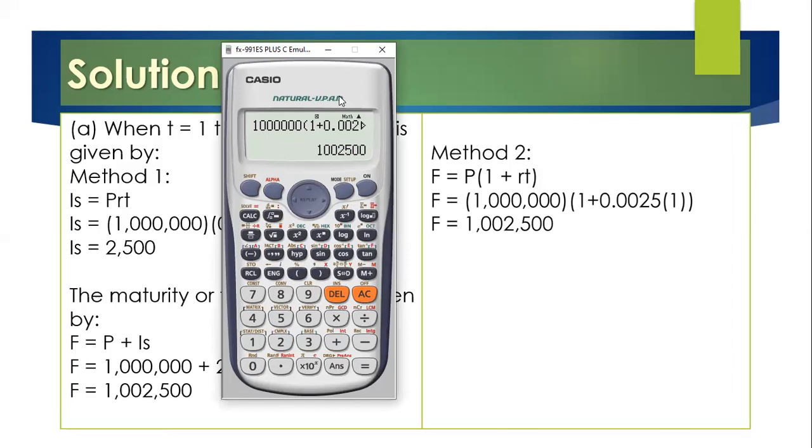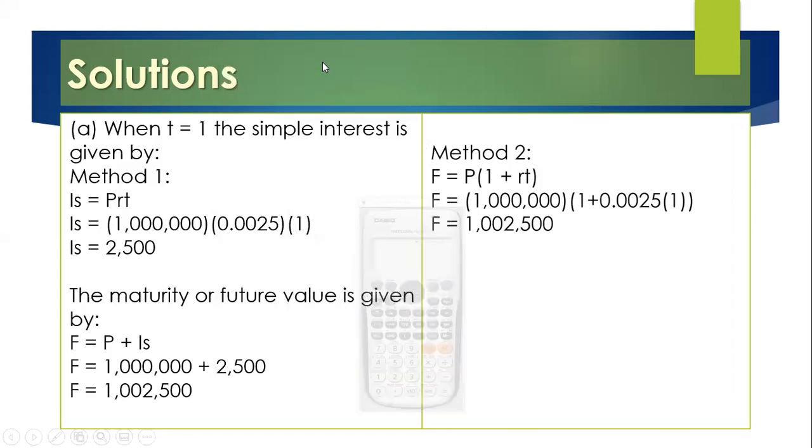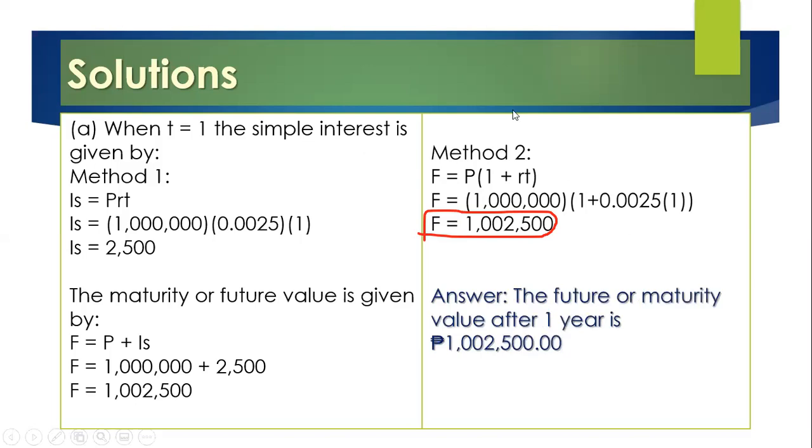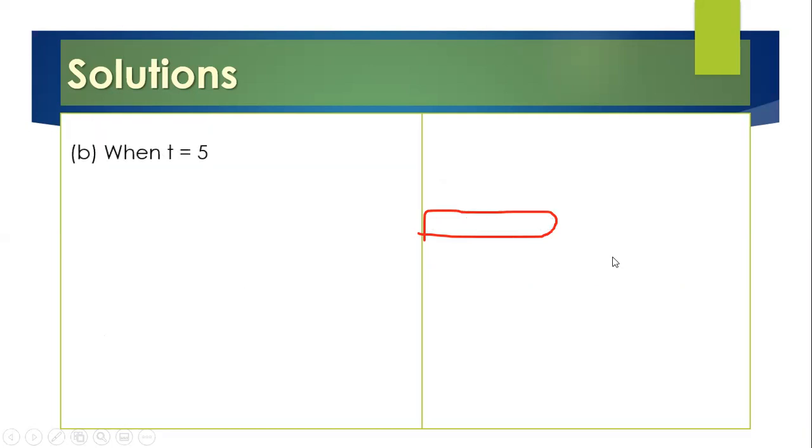Okay, so that is 1,002,500. So kapag yung maturity value lang ang hinahanap, pwede na tayong mag-proceed dun sa formula natin for the future or maturity value. Okay, moving on. Our answer, the future value or maturity value after 1 year is 1,002,500.